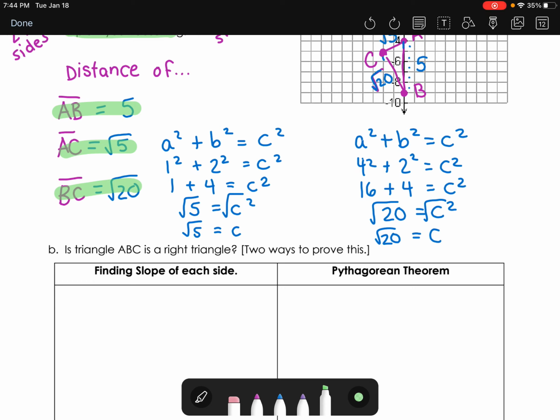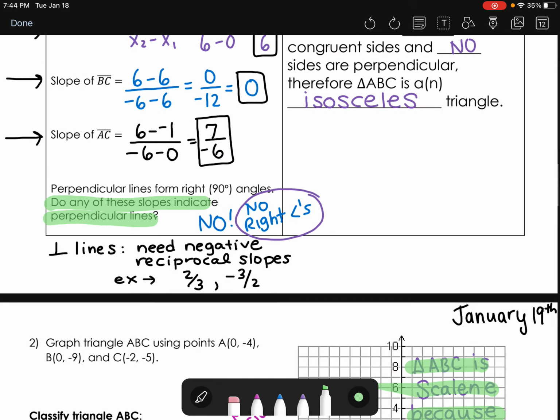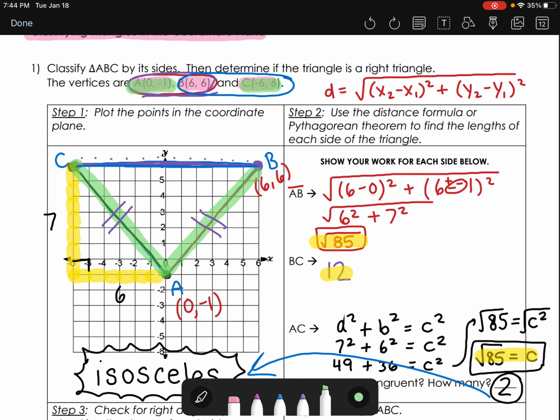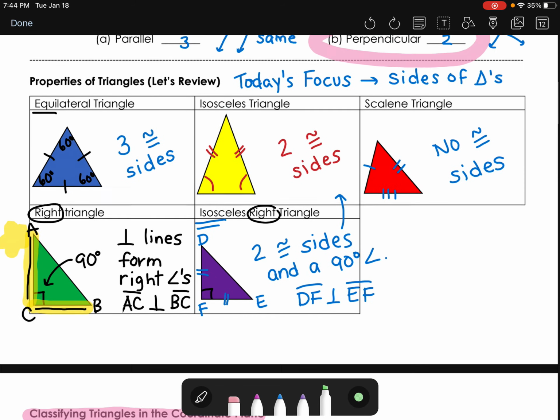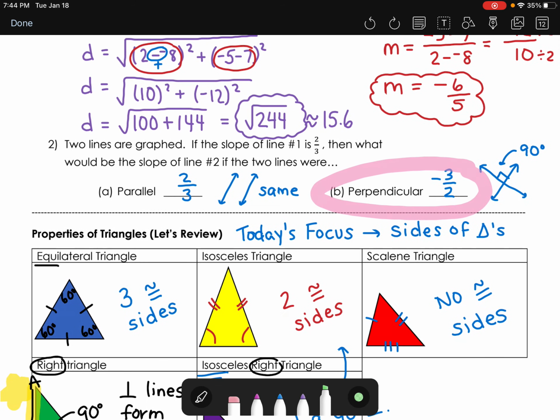Now how do you prove it? Well, in order to have a right angle, you need to have perpendicular lines. And in order to have perpendicular lines, you need to have something called a negative reciprocal slope, right? Remember that example from yesterday, 2/3. Let me go to it really quickly. Here it is in pink, circled in pink.